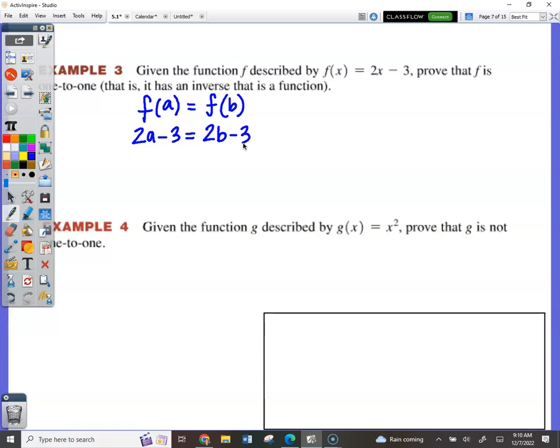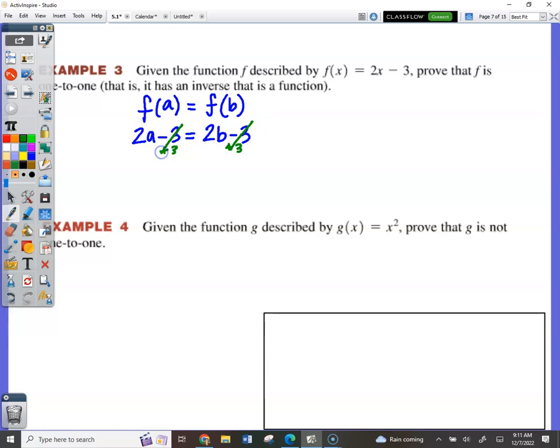After you plug a and b in, now see if you can manipulate it by doing whatever you can to both sides to get it down to just a and b. So the first thing I see is I could add 3 to both sides, right? And then those would go away. You with me? So I'm going to add 3 here and add 3 here.